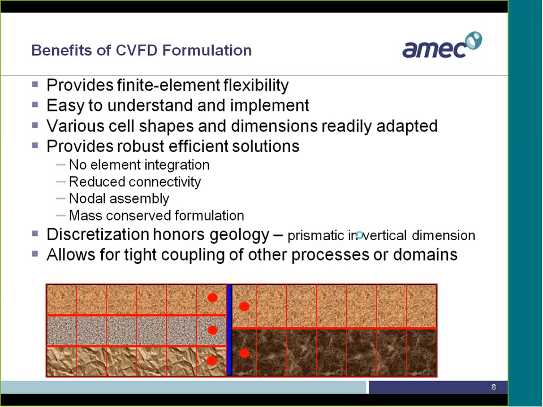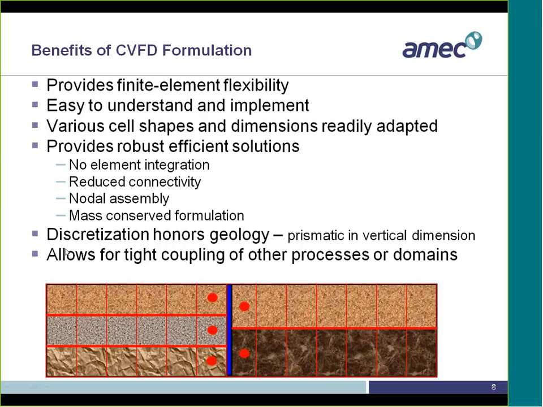For each cell shape, you need it to be cataloged in the code, while here it is very general and you can adapt cell shapes easily. It provides robust and efficient solutions. It avoids element level integration in finite element codes, reduces nodal connectivities, uses nodal assembly instead of element assembly, which can be quicker, and it has a mass conserved formulation.